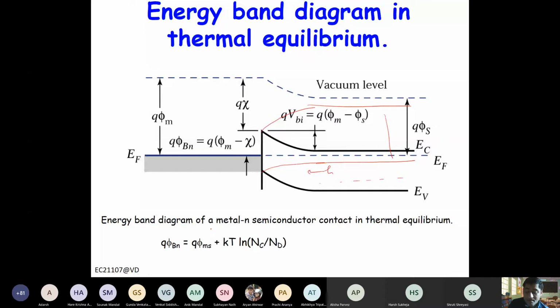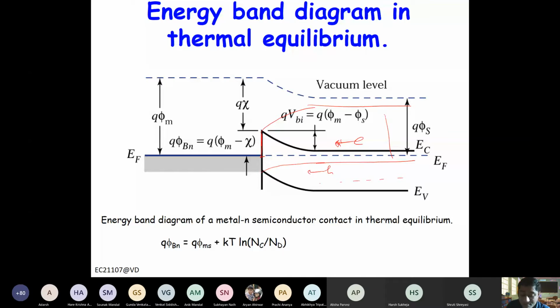Now you notice one more thing here. Let us continue the discussion with this n-type only. So these electrons have a barrier here, right? Now if you compare the barrier heights, the barrier from metal to semiconductor is higher compared to the barrier from semiconductor to metal.